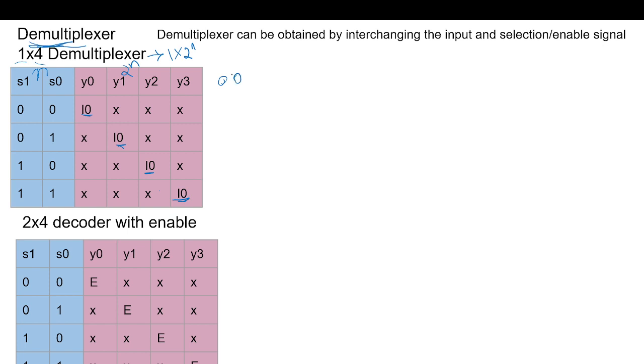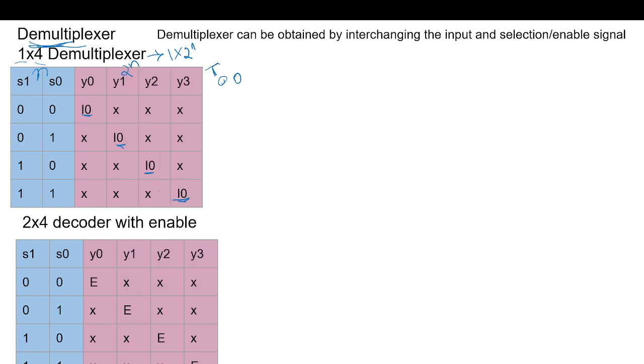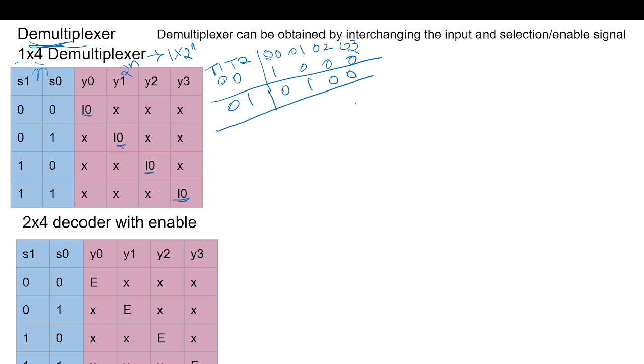Say if 0, 0 is the input, say I'm having O0, O1, O2, O3. This will be the output. Or say 0, 1, it will be like this. Can you name this circuit?